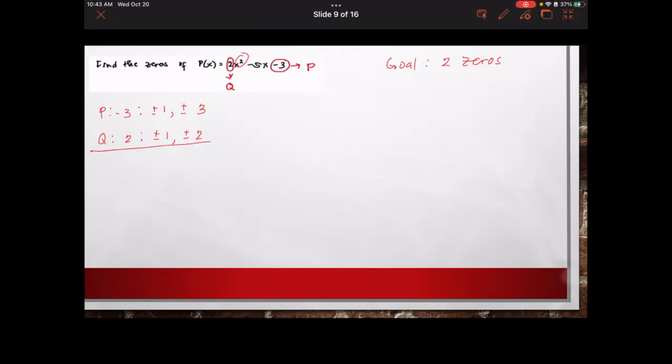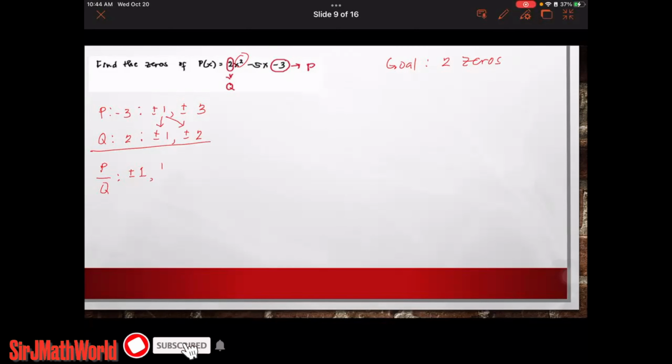Then, magkakaroon tayo dito ng P divided by Q. So, ibig sabihin, i-divide natin yung P kay Q. Let's start with 1. So, 1 divided by 1, magkakaroon tayong positive 1, kasi 1 divided by 1 is 1. The next is 1 divided by 2. This will be positive and negative 1 half.